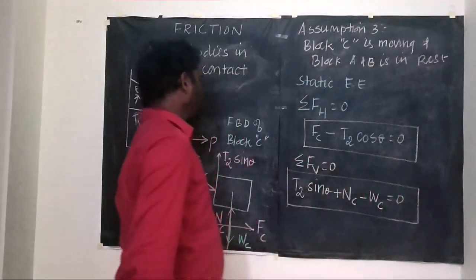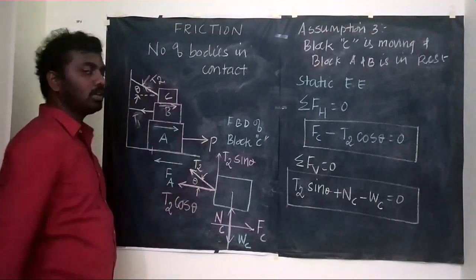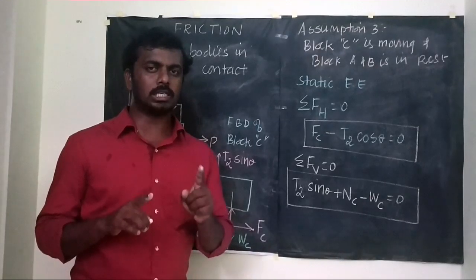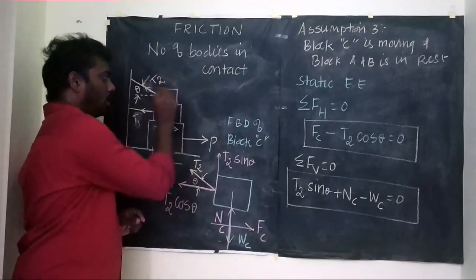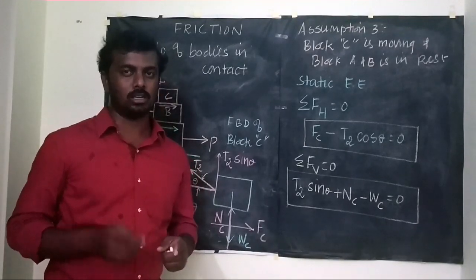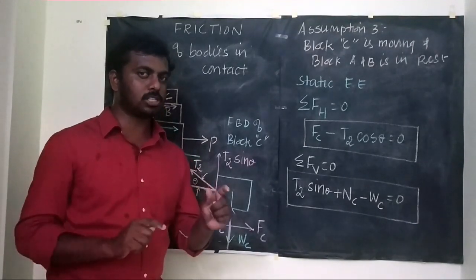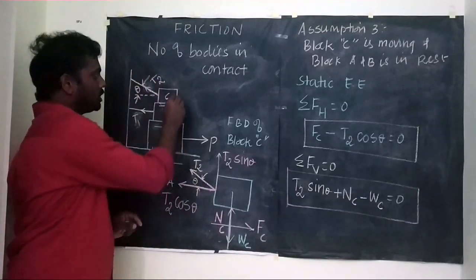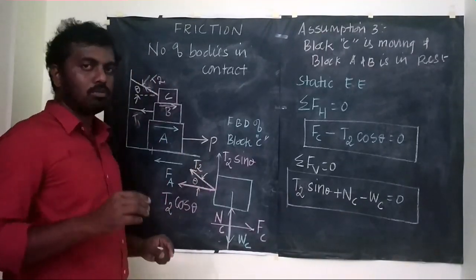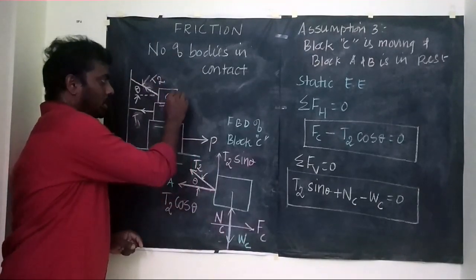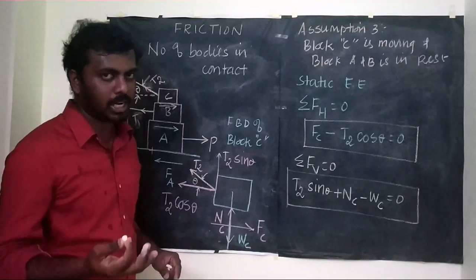So generally the top block has fewer unknowns. When you solve the problem, you take the top block, and only then can you solve this problem very easily. I will repeat again, this is the concept behind this problem. Generally when you solve the problem, you must take the top block. What is the reason behind it?